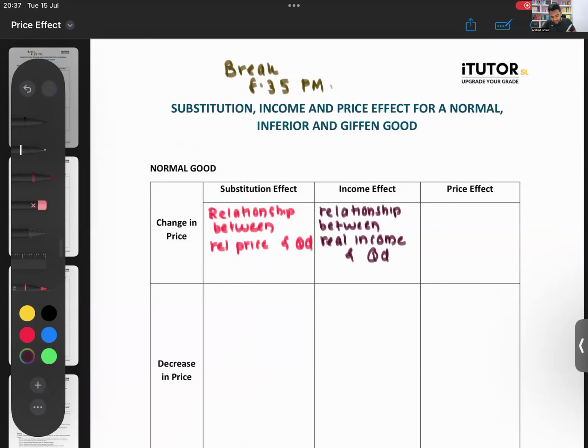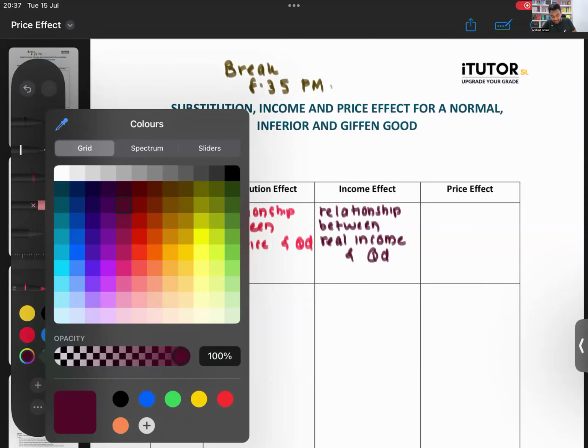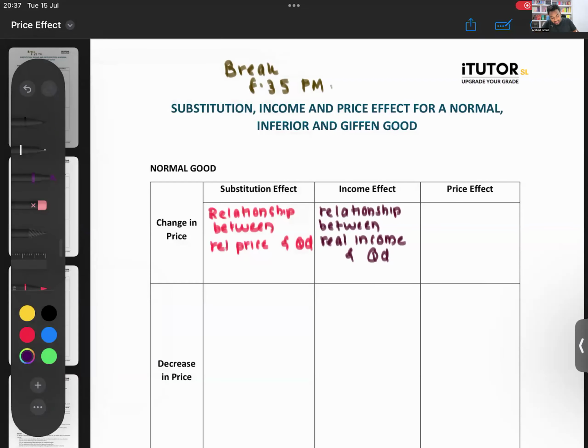And finally, when we talk about the price effect, we talk about the relationship between price and quantity demanded.